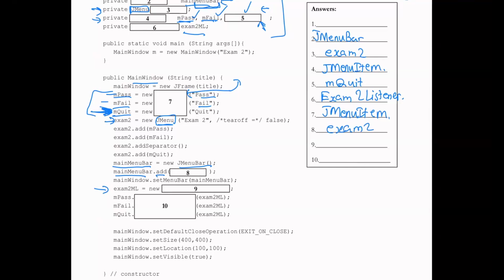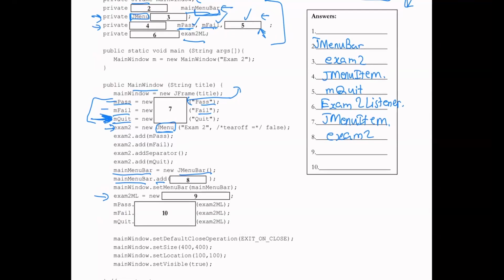Okay. Let's look at number 9. Number 9 is exam 2 ML. Sorry, so it's the same thing as number 6. It's exam 2 listener, since it's ML. Yep. So here, with new, we create an object of this exam 2 ML. Since exam 2 ML is exam 2 listener, so just exam 2 listener again.